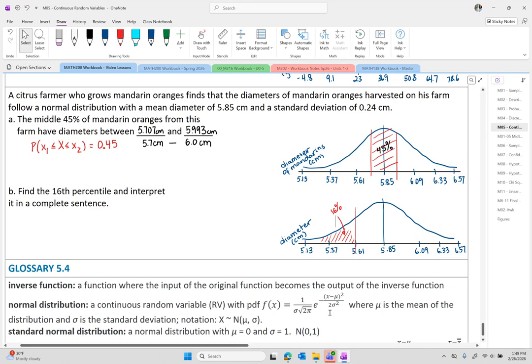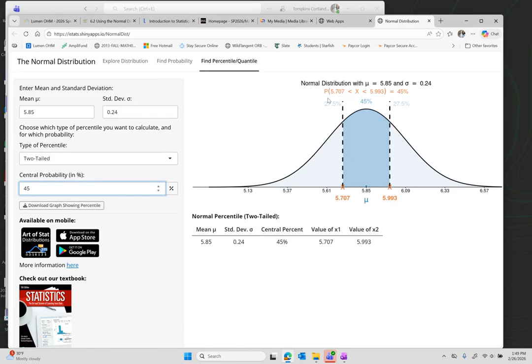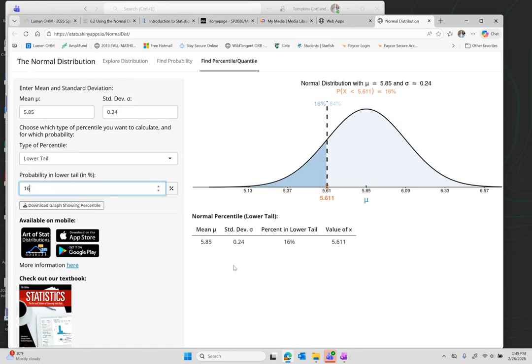So again, I will be in the find percentile quantile tab. I am looking for a lower tail. I want the probability there to be 16%, and the value is 5.611.